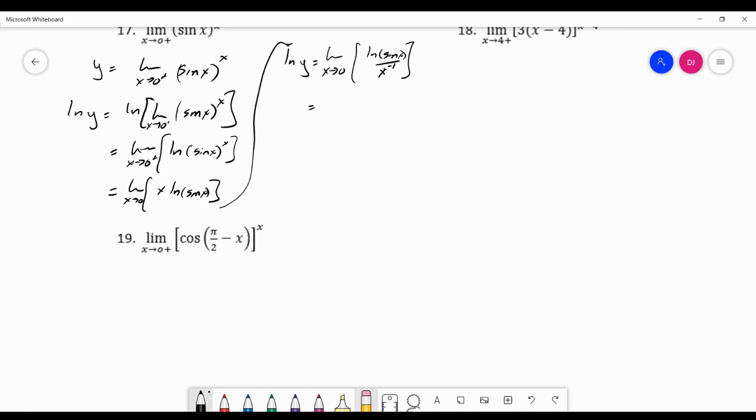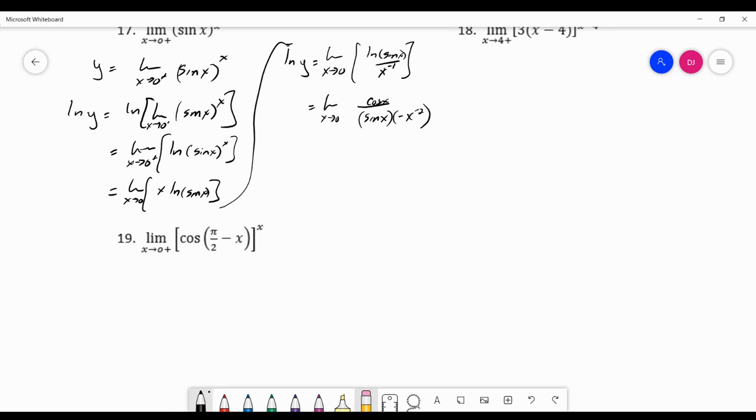So now L'Hopital's: the derivative of the natural log of u is 1 over u du. And now we're also going to divide that by the derivative of x to the negative 1, which is negative x to the negative second.